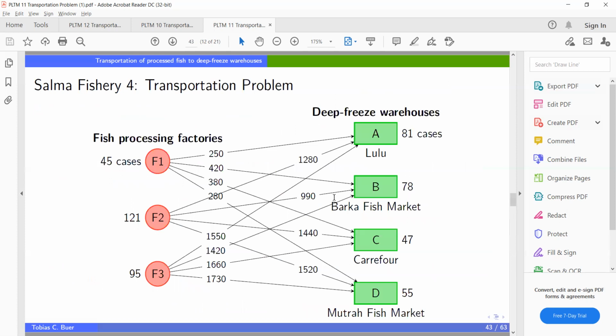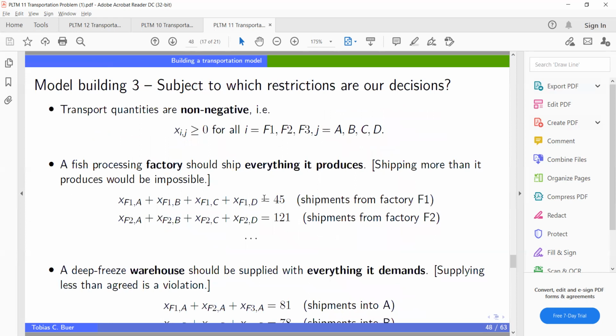We have 45 cases available and we need to decide how to distribute, how to allocate these 45 cases to our customers A, B, C, D. So we need to make sure that everything that we ship from factory F1, the total quantity added up, is exactly equal to 45. Then we cannot ship more than 45 cases because we don't have more than 45 cases, and we also cannot ship less than 45 cases.